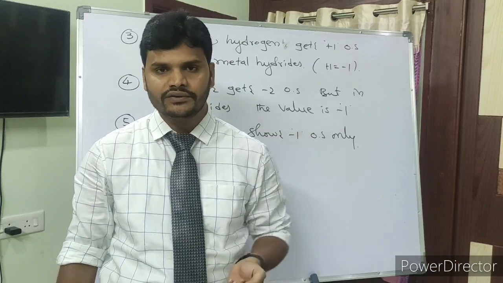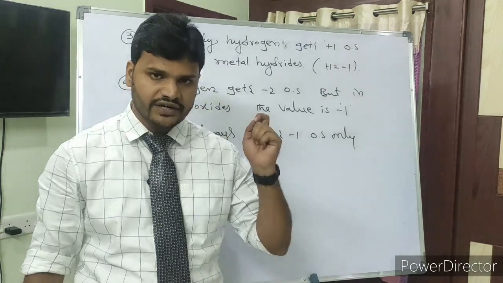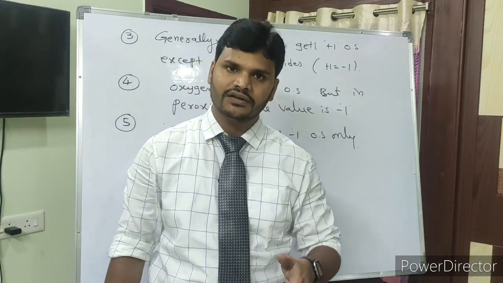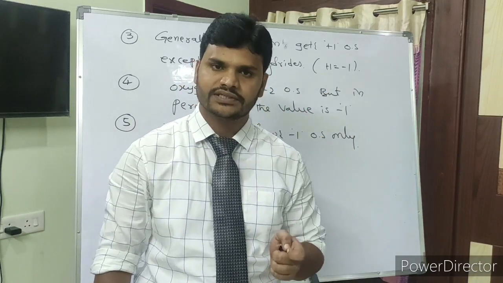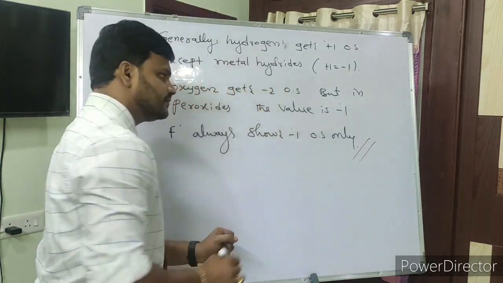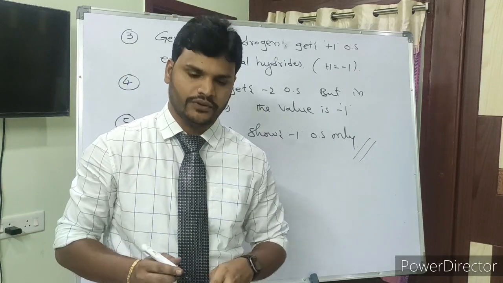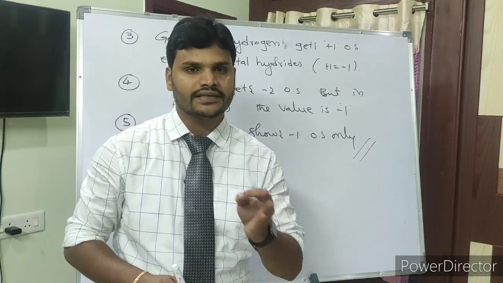It explains the electronegativity difference between two atoms in a molecule. So ultimately what I want to say is fluorine is the most electronegative, so it always gets negative only, that is minus 1 oxidation state only. Clear now, students? Okay students, so these are the important key points. Just have a small look. Next we will focus on examples.